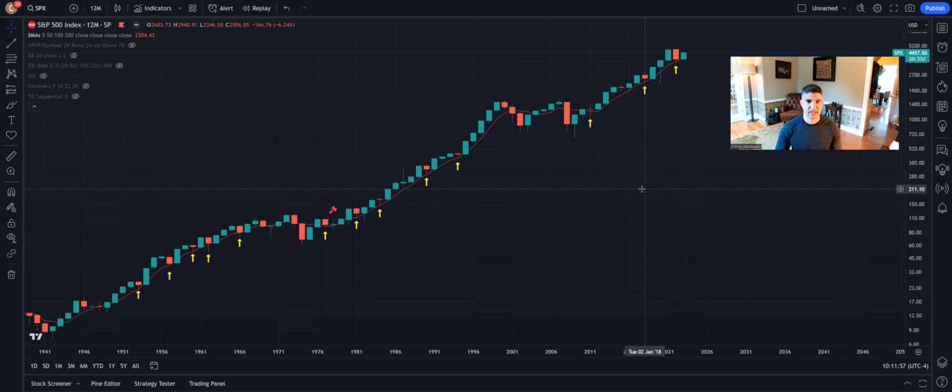Okay. Going back to 1949, and the aggregate gain, I already did this work. The aggregate gain in all 12 instances has been 15% higher the next year. So that's the year we're in right now. Okay.